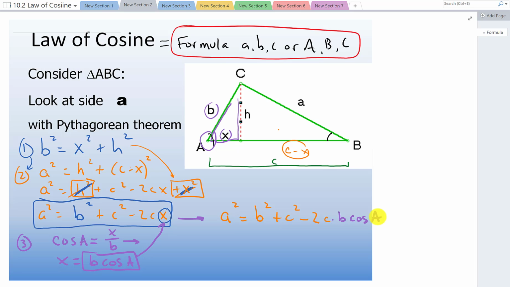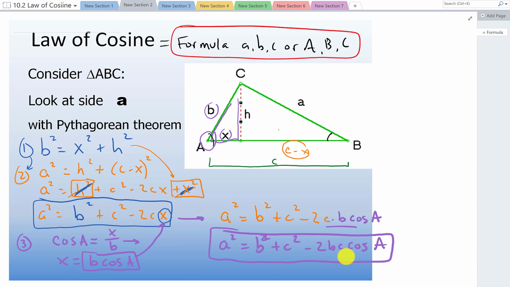Okay, now I'm just going to do one tiny adjustment to organize this part of it a little bit. And we're going to have A squared equals B squared plus C squared minus 2BC cosine A. And we have here an equation, and this equation is about my triangle.